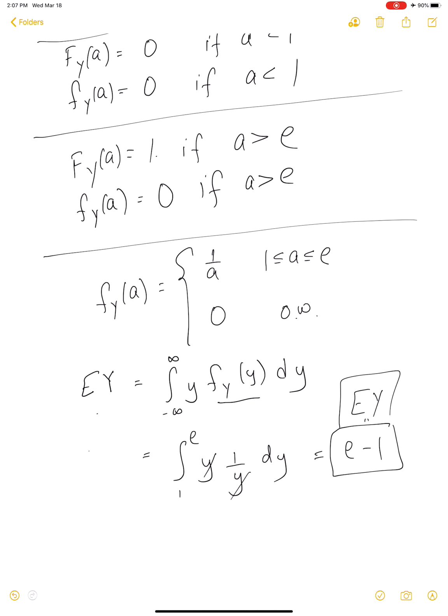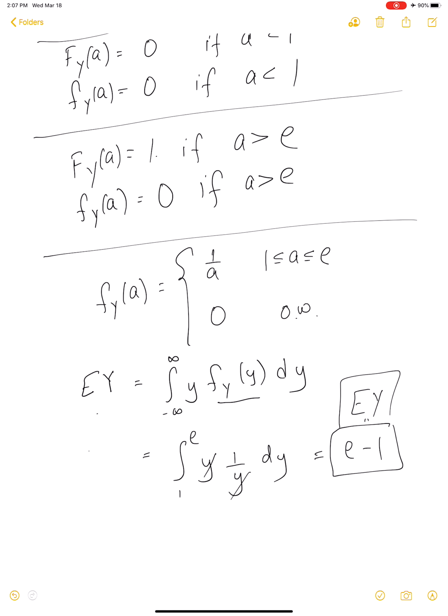In some situations, you don't have any other option. You will have to find the density of y. But in some other situations, you can directly find the expectation of y by thinking of y as a function of x. So you can directly find the expectation of a function of x just like you did in the discrete case.